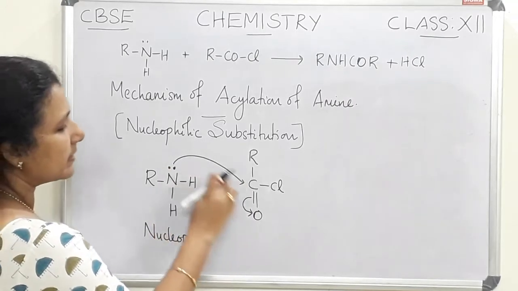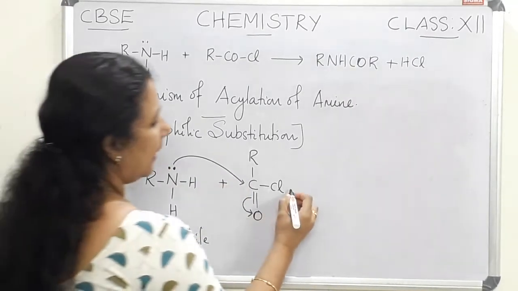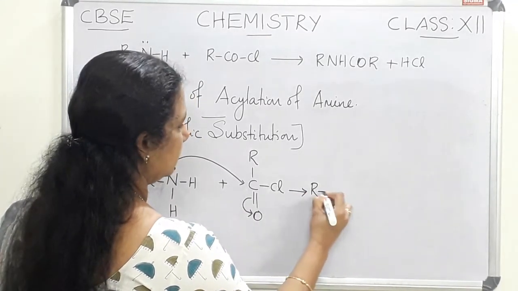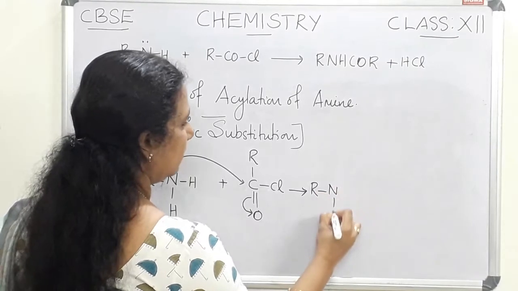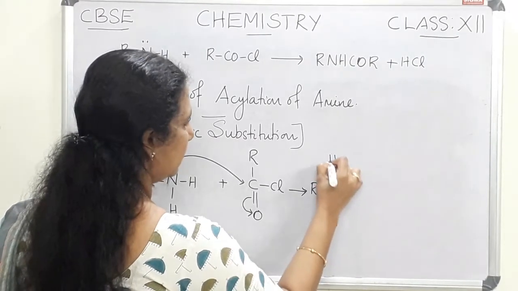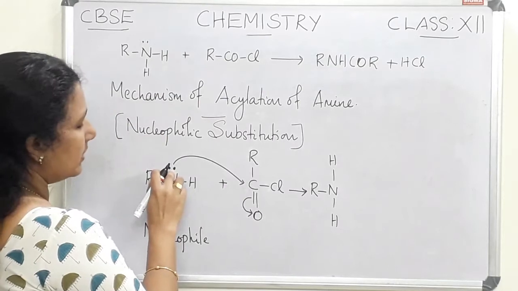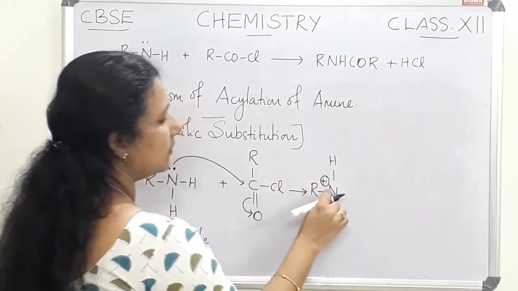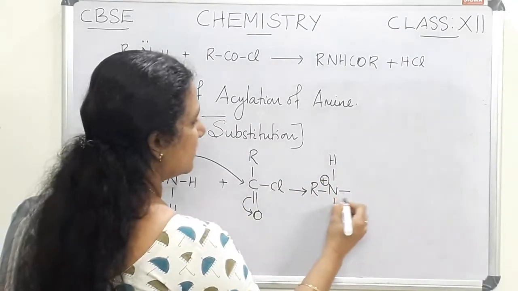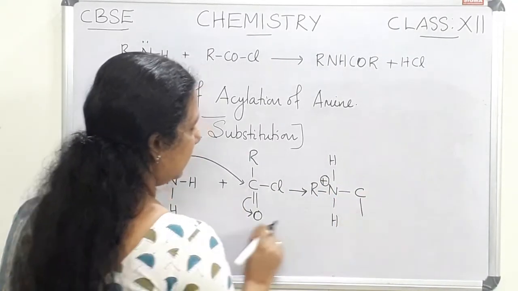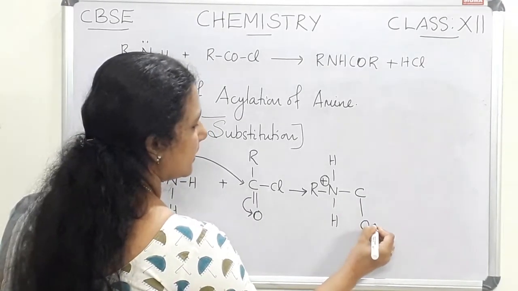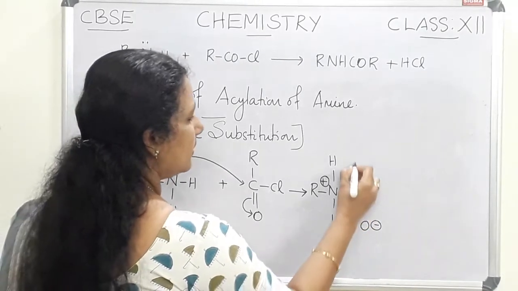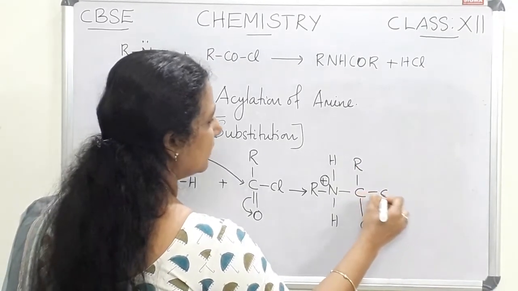In the next step we can write R, N, H, H. Here these electrons are donated and there is a deficiency of electrons, so there is a positive charge on the nitrogen atom, and this is attached to this carbon. Here the oxygen gets a negative charge since electrons are shifted towards this oxygen, and this is R and this is Cl.